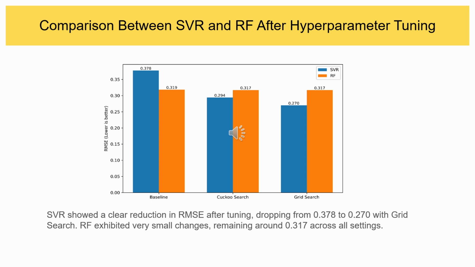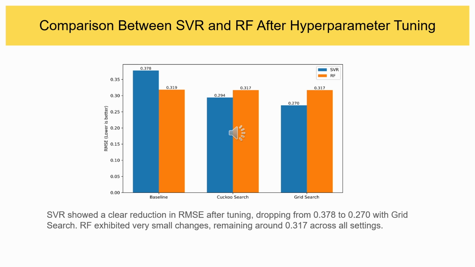When we use Cuckoo search, the RMSE value for SVR dropped to 0.294, while RF moved to 0.317. It's not too much less than default values.